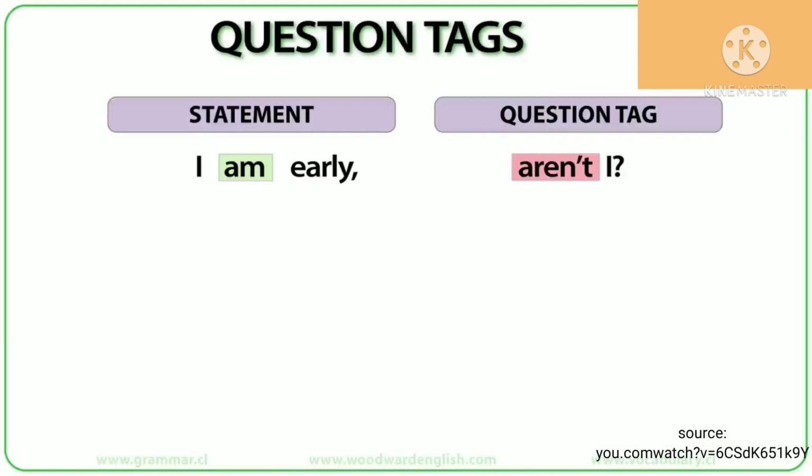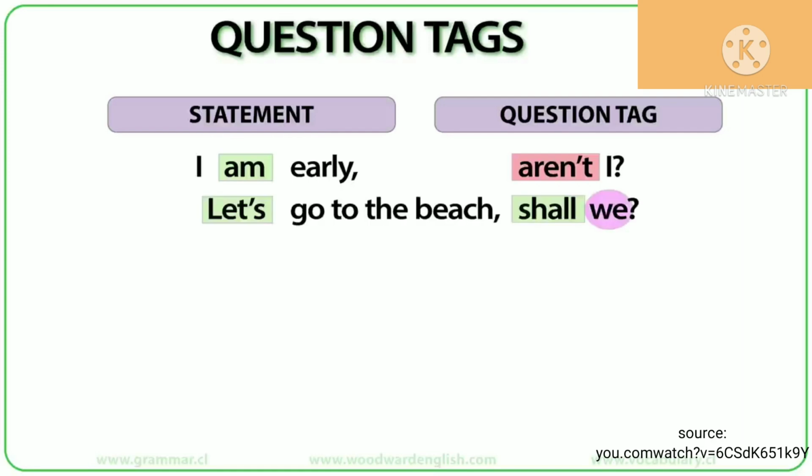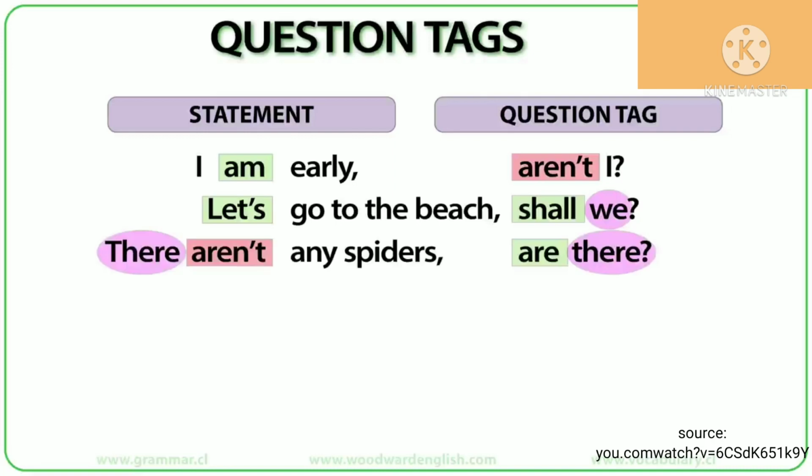Be careful with the following question tags. I am early, aren't I? We saw this before. Let's go to the beach, shall we? When a statement begins with let's, the question tag is shall we? There aren't any spiders in the bedroom, are there?